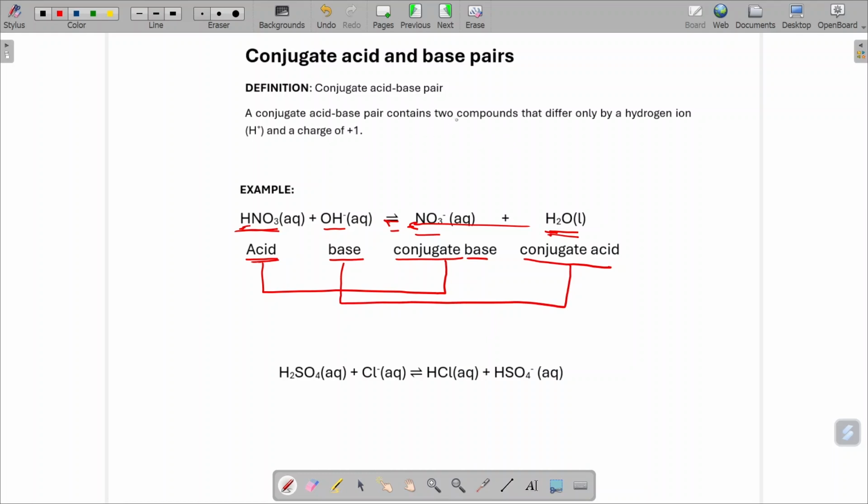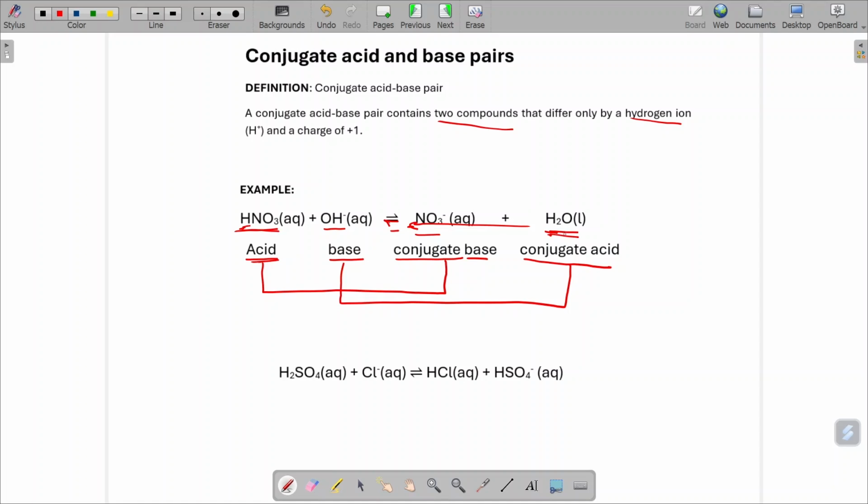A conjugate acid-base pair, per the definition, contains two compounds that differ only by a hydrogen ion and a charge of +1. And look at this. HNO3, that is an acid. The conjugate base has lost its proton, but they are together, and the HNO3 is a +1 charge removed from the NO3 minus.